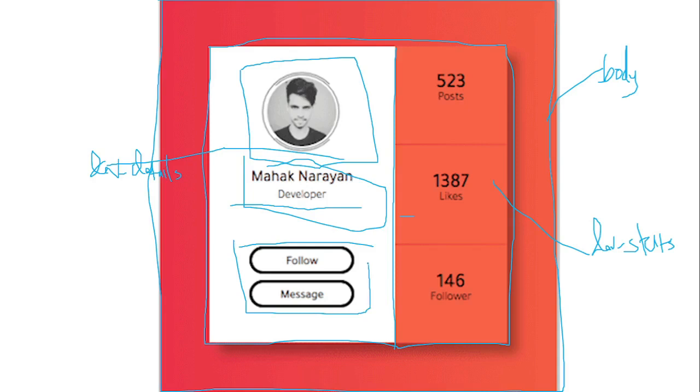So we are going to say that we have three things in the dev details. We have the dev image or the profile image, we can just say dev profile details, and then the CTA buttons. Okay, so that's what we have on the side of the developer.